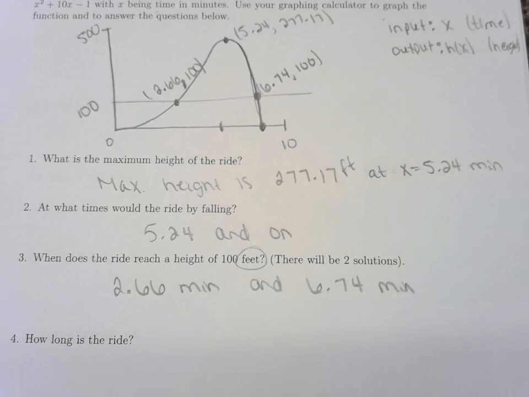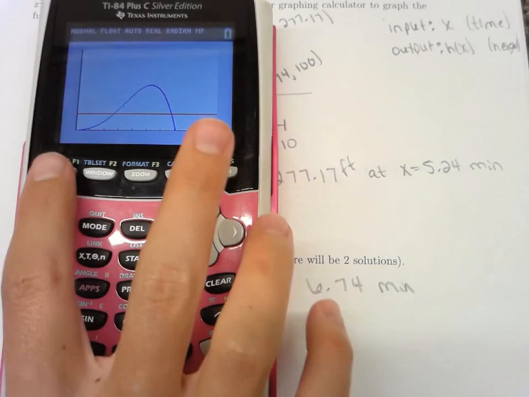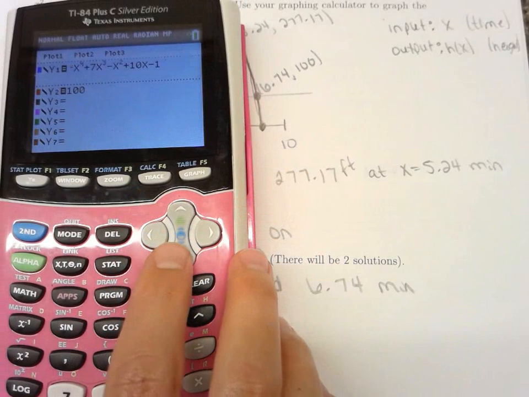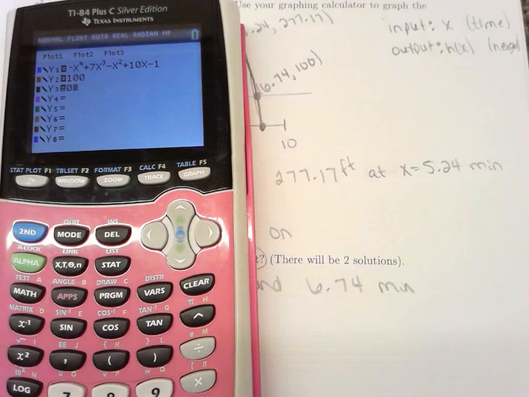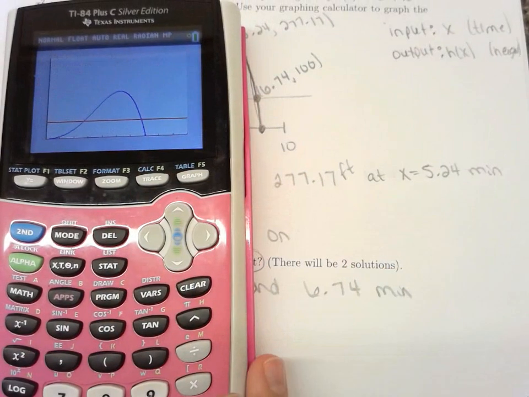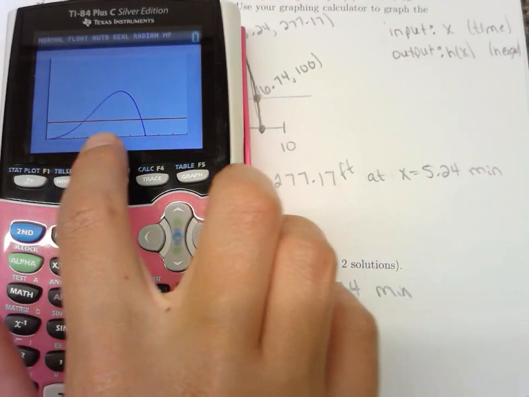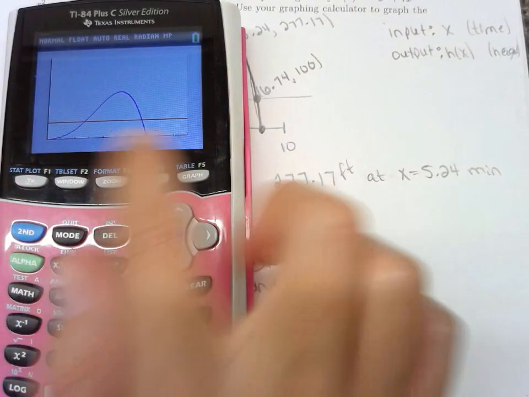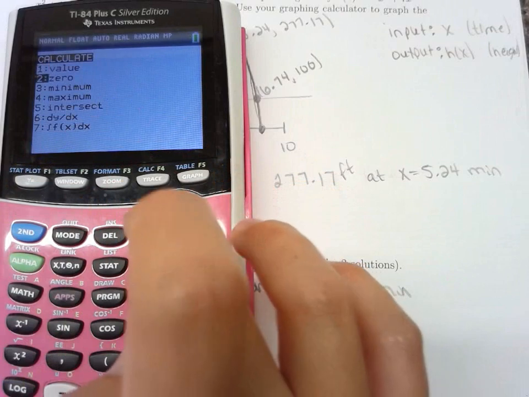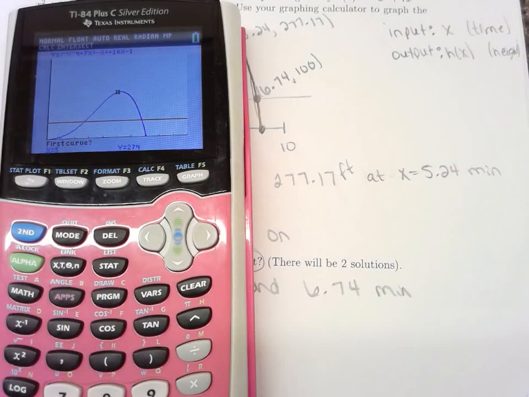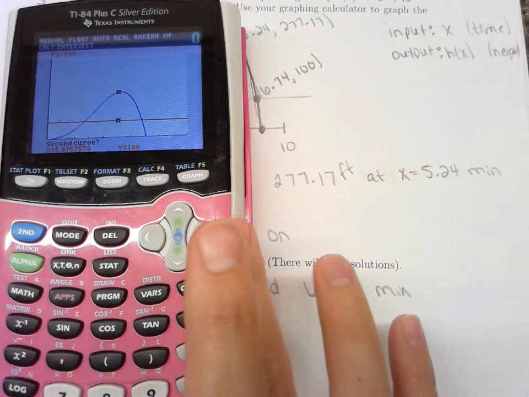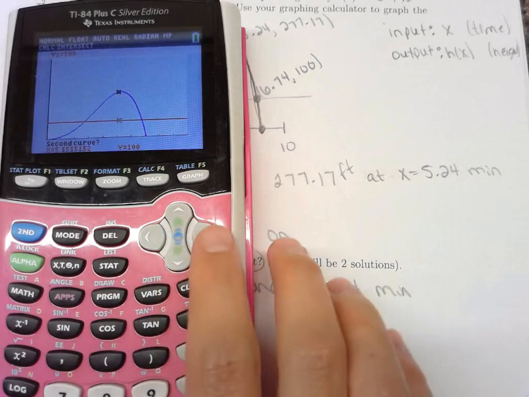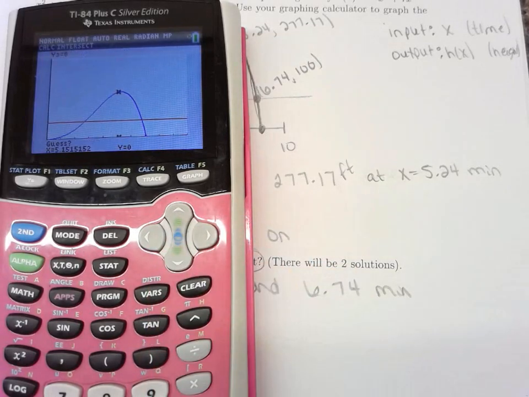We actually need to change our window. So for that, let's just go ahead and graph 0 again. I just graphed 0, so you should see just a thin function here. Go to calculate, we'll do intersect. First curve, second curve, you want to go to the 0 one.